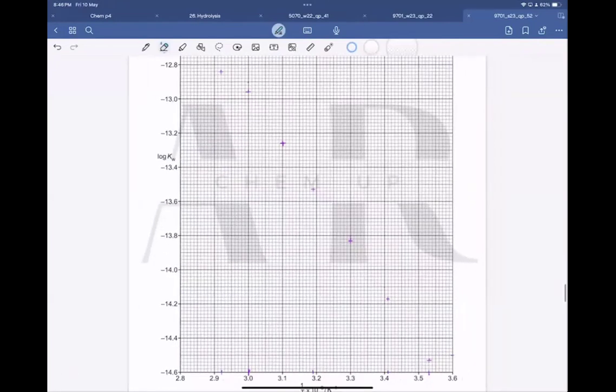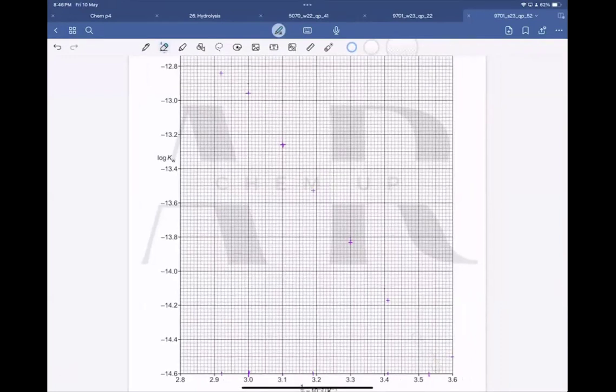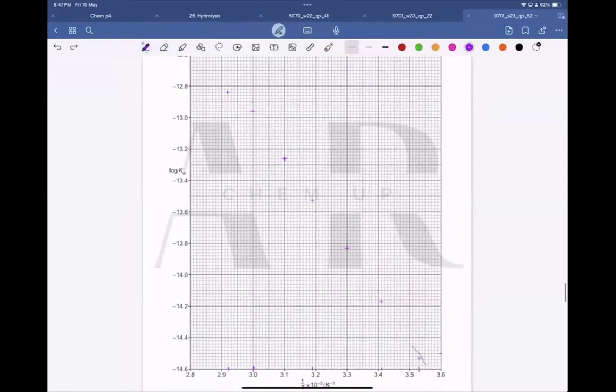So if I draw a line of best fit, starting from here, yes, so we got the line of best fit, right? And if you see, it's very clear. This is the anomalous point. I have circled it.